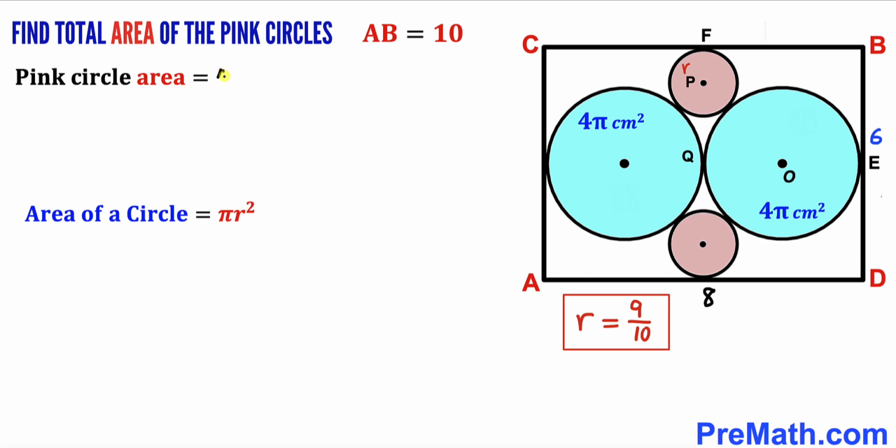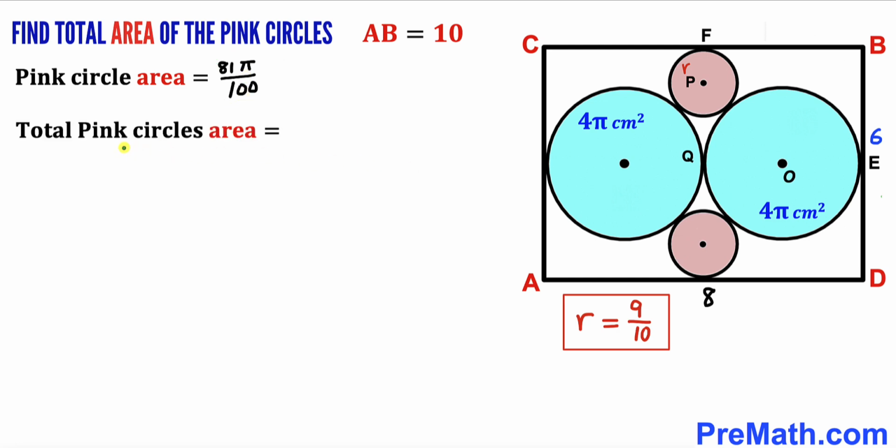So we got pi times our radius r is 9 divided by 10 whole square. And if we simplify everything on the right hand, that is going to give us 81 pi divided by 100. So therefore the area of this 1 pink circle turns out to be 81 pi divided by 100.